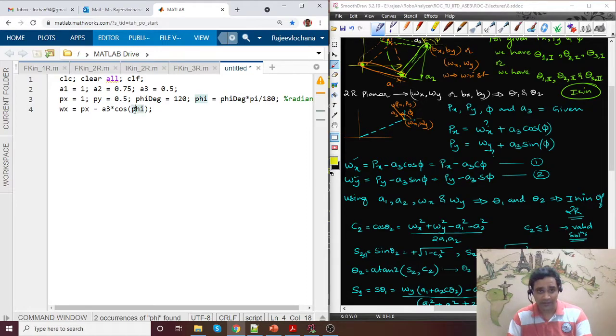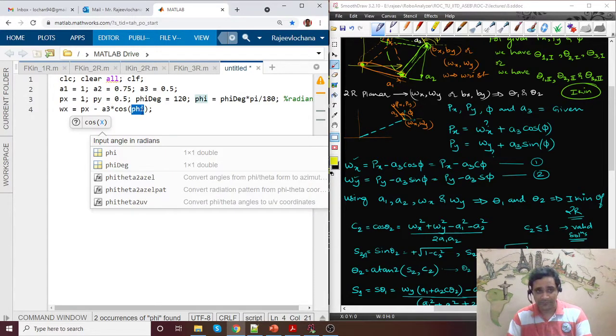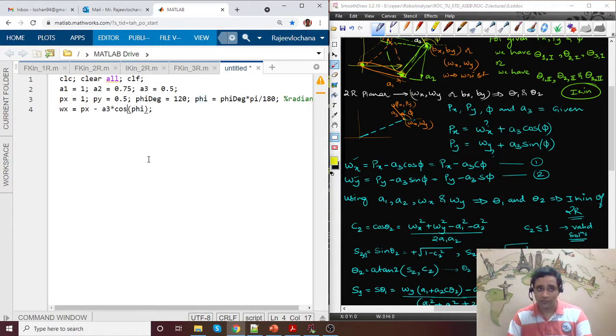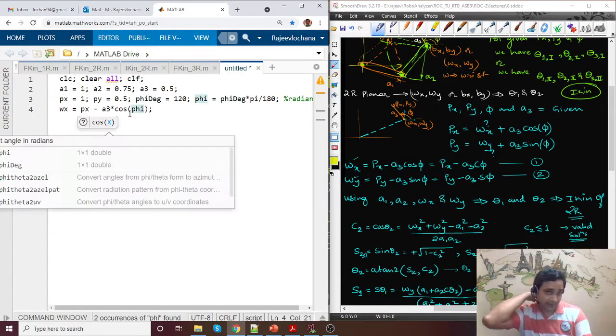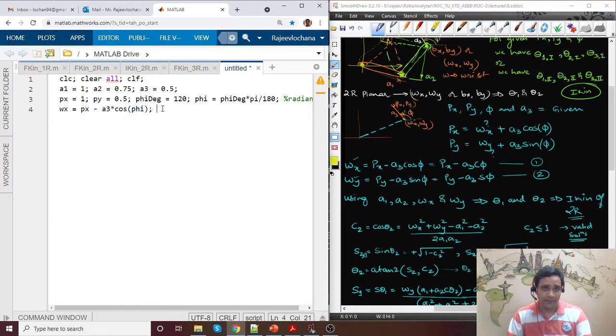When we do phi, this is in radians. If by mistake you don't do it, then you will have to use cosd of phi in degrees. The cosd function is also there, but as I suggested, it is always good to have the angle in radians. So wx is done. Similarly, wy is py minus a3 sine of phi.